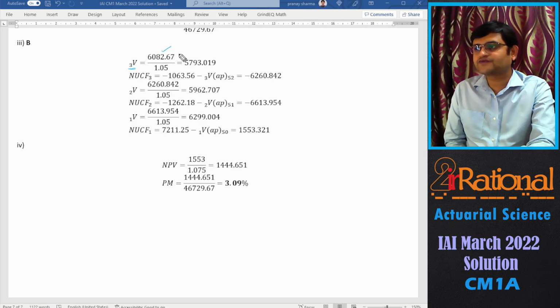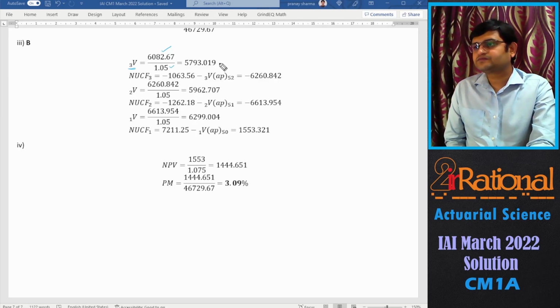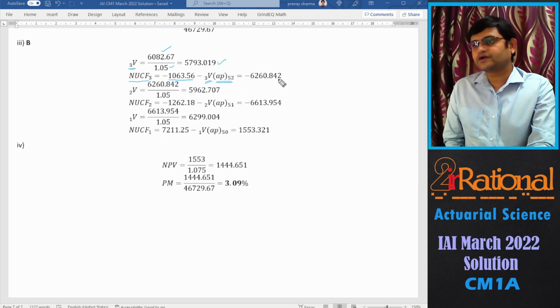That would be cash flow or the profit vector of the fourth year divided by 1 plus I. Then your non-unit cash flow at time 3 would be non-unit cash flow at time 3 minus the reserve into reserve kept is only for the people that are alive in that particular year.